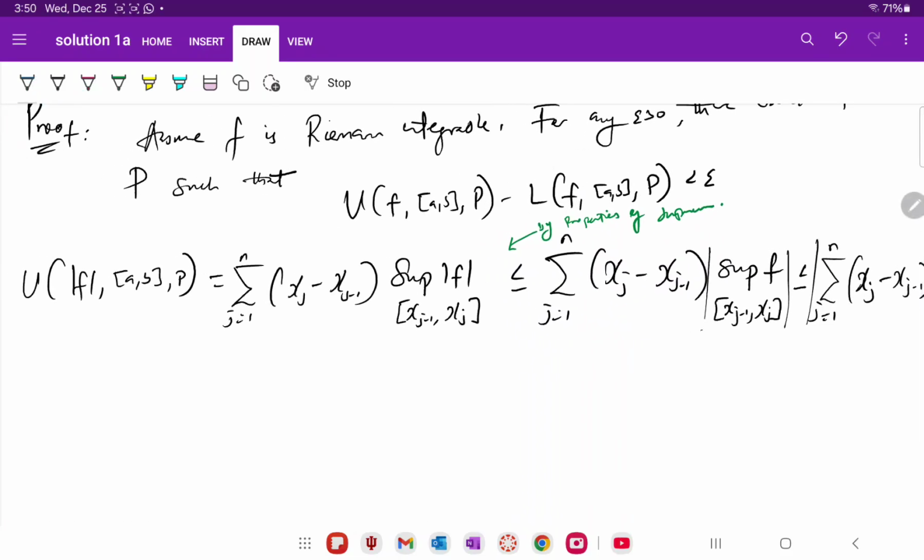So similarly, for the lower Riemann sum, we also have this condition.